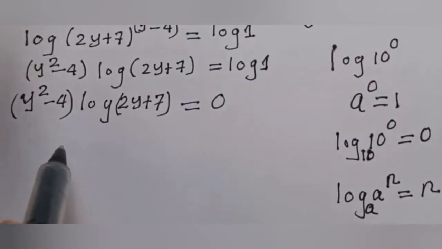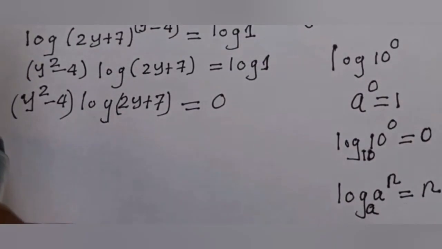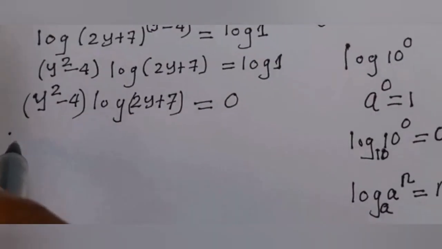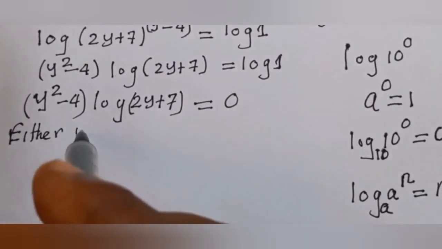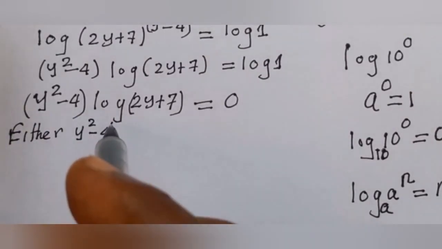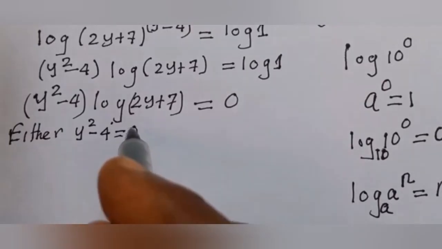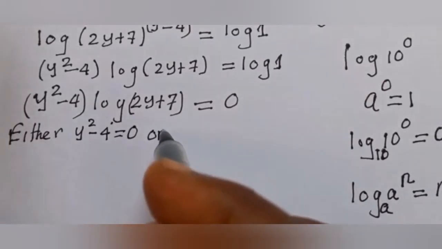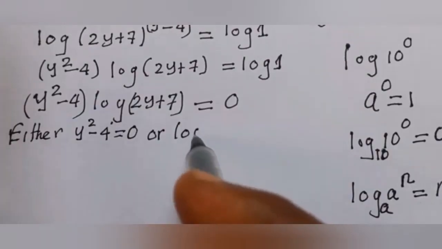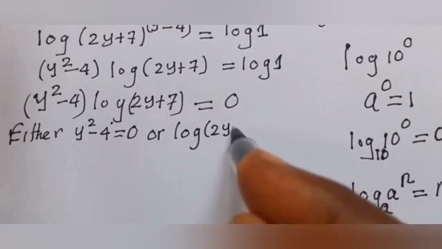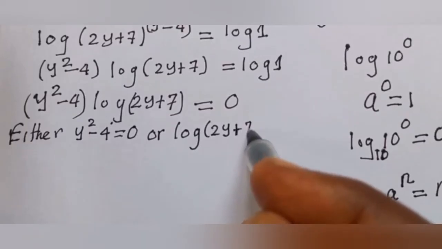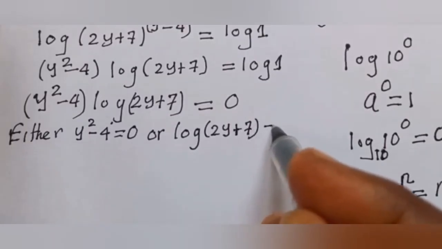So here we can say either y squared minus 4 equals 0, or log of 2y plus 7 in the bracket equals 0.